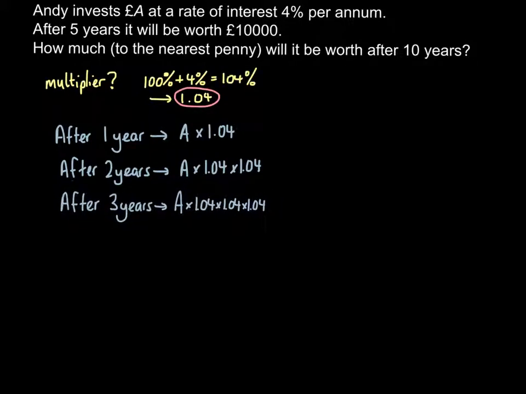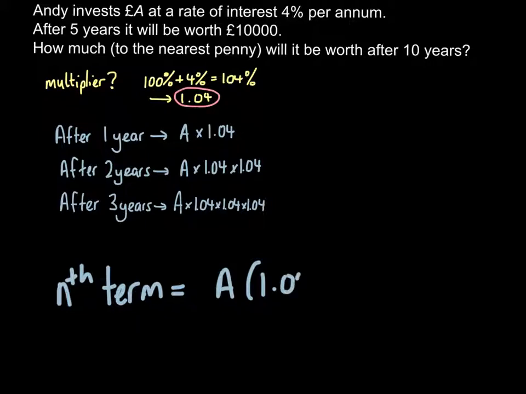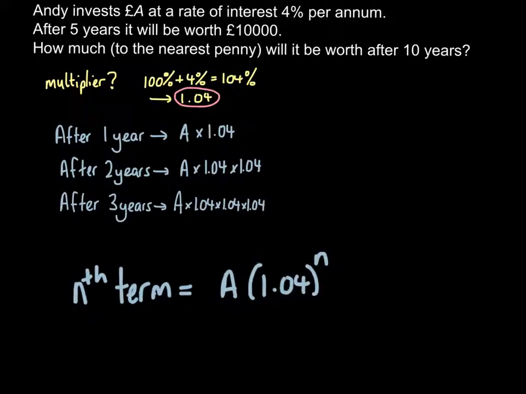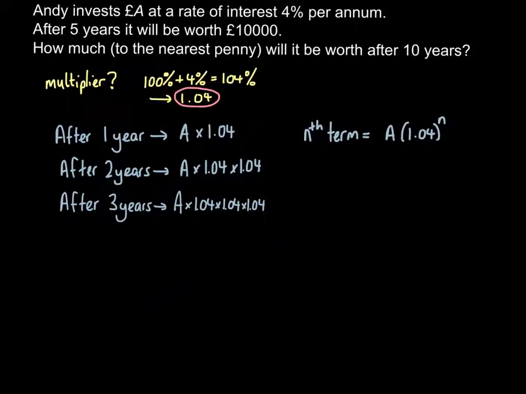If you look at the number of years and the number of times that multiplier is used, we can say the nth term is going to be A multiplied by 1.04 to the power n this time. When the question is in a real life context, go through that process to make sure you've got the nth term correct, because the nth term in 7C was ar to the n minus 1, so you don't want to just dive straight into that. Be careful of the way the question is worded.